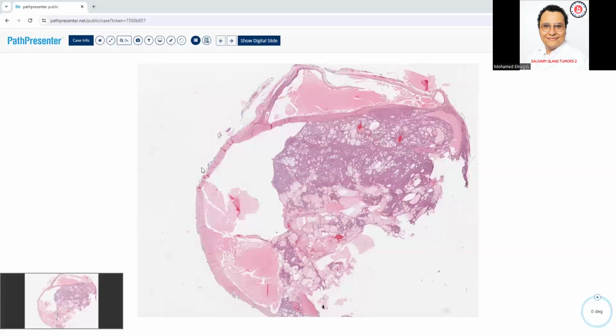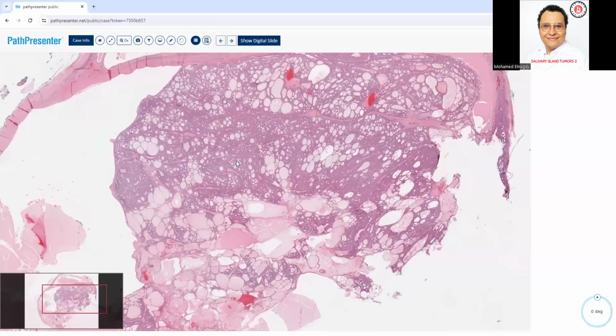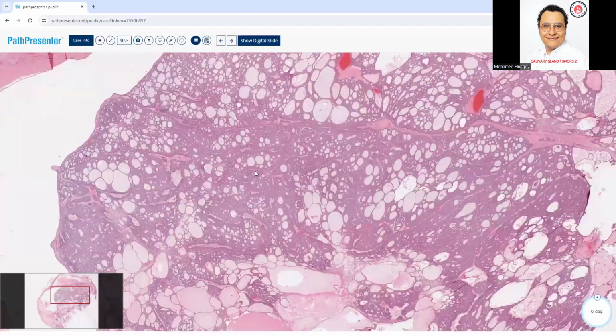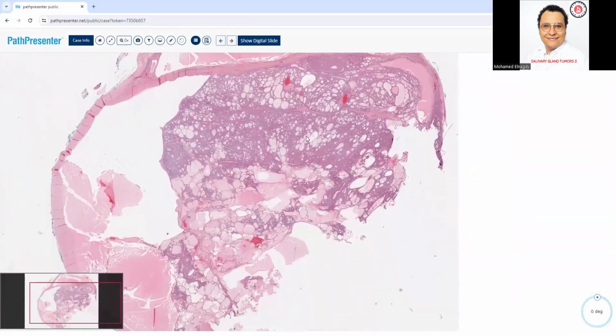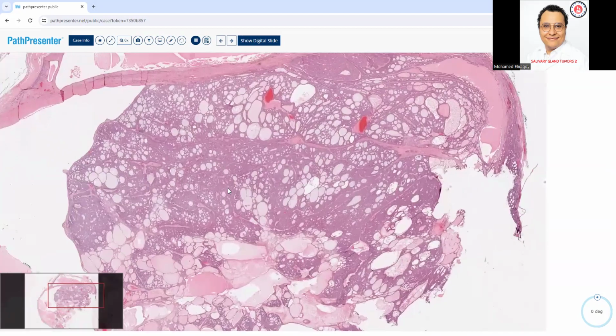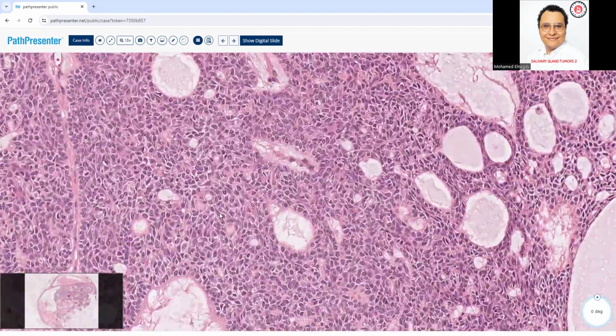Okay, we're going back. So let's look. Here is, of course, the low power. Here is the mass, as you see. And we go to high power and look. Here is how it looks on high power.